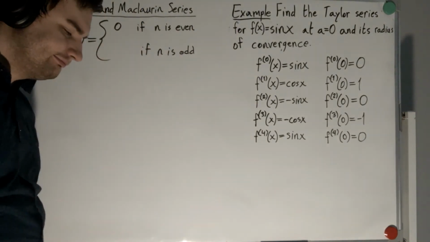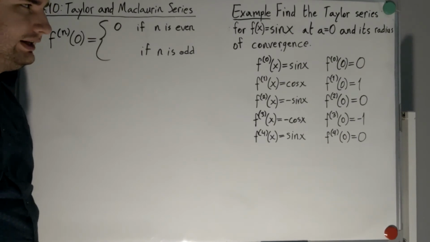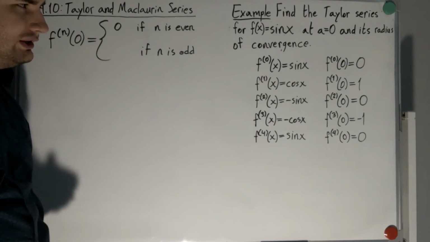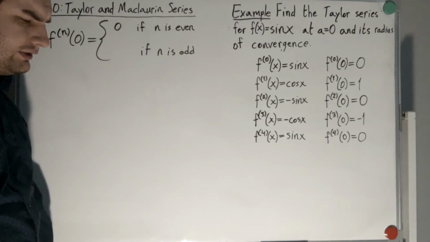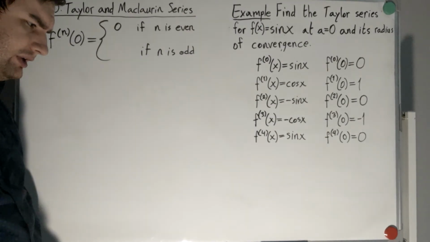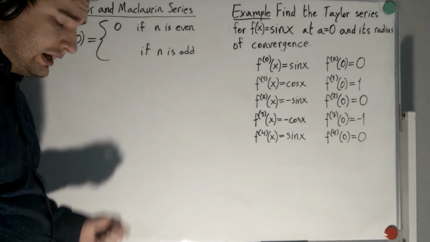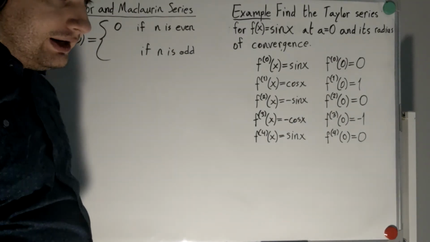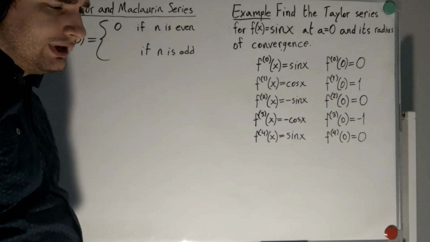But which one? Well, let's see. When n is 1, we want it to be positive. When n is 3, we want it to be negative. When n is 5, positive. When n is 7, negative. When n is 9, positive. When n is 11, negative, and so on.